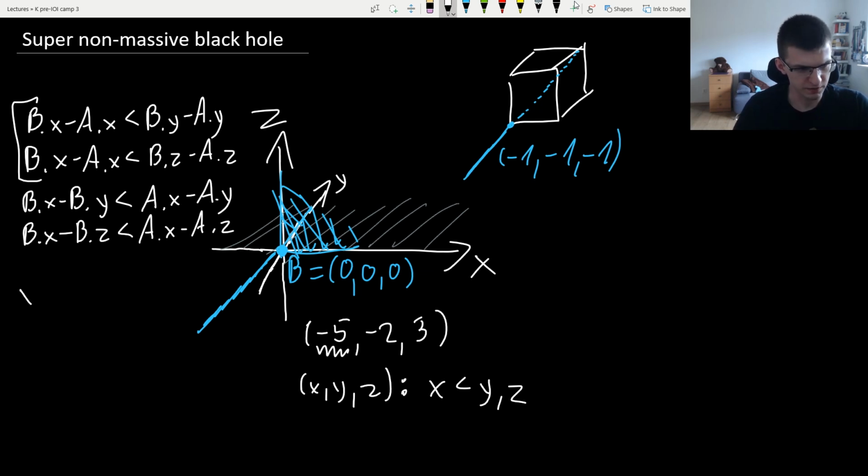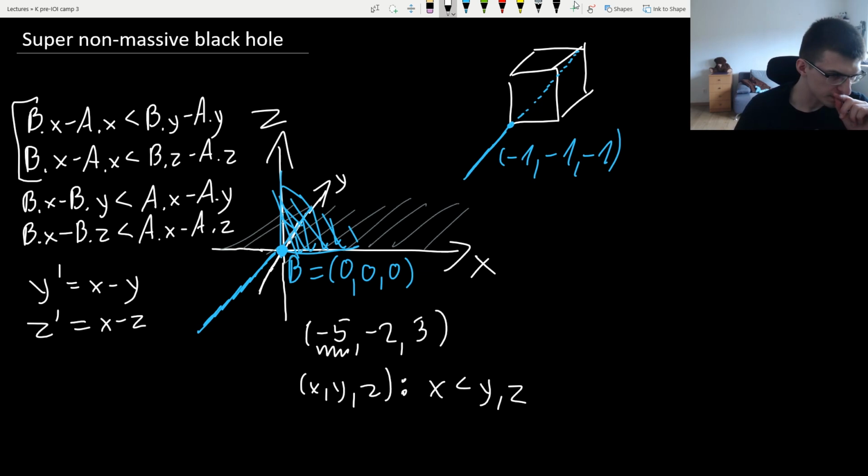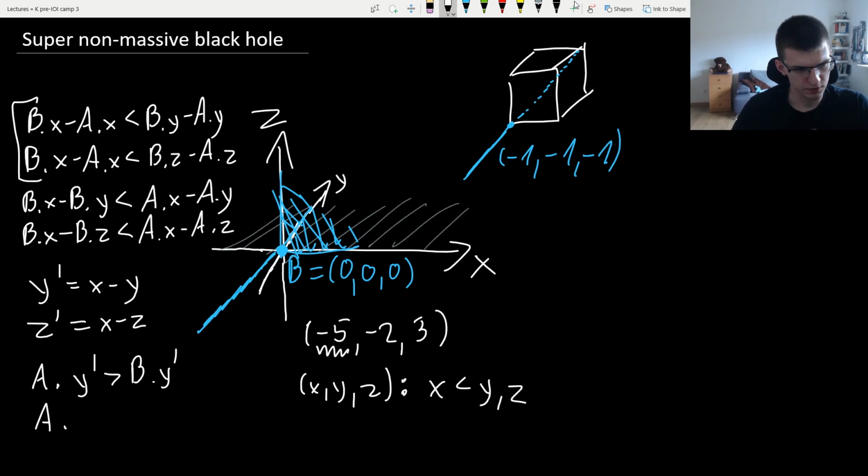If I define new coordinate y prime as x minus y, and new coordinate z prime to be x minus z, then I'm looking for such points A that A dot y prime is bigger than B dot y prime, and A dot z prime is bigger than B dot z prime.